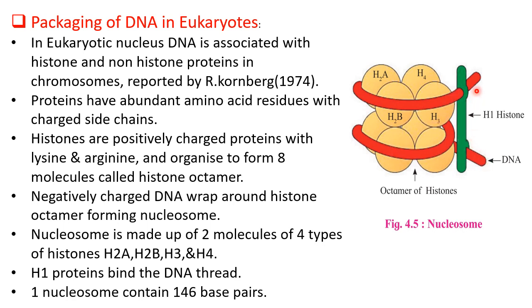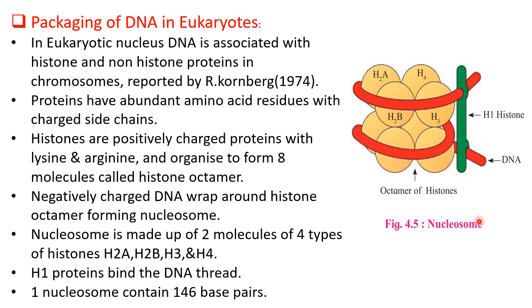Here the DNA thread enters and here it leaves the nucleosome. So in this region the H1 histone gets attached to maintain the structure of this nucleosome unit. So this one nucleosome unit contains approximately 146 base pairs in the DNA.